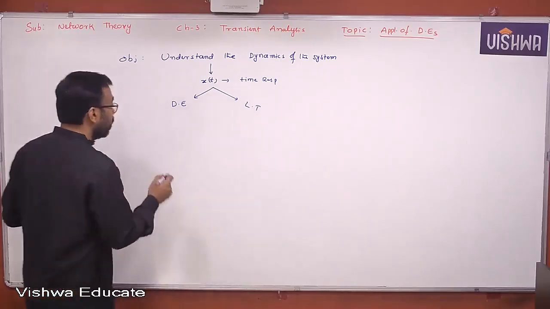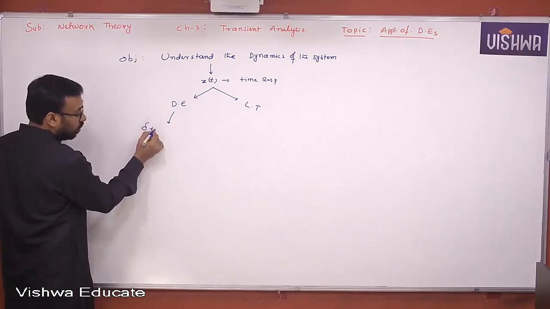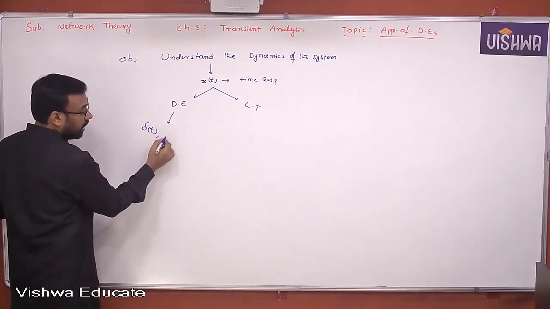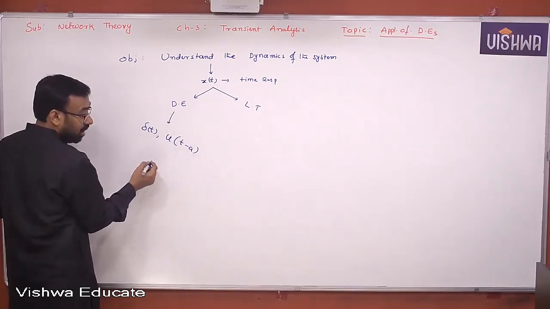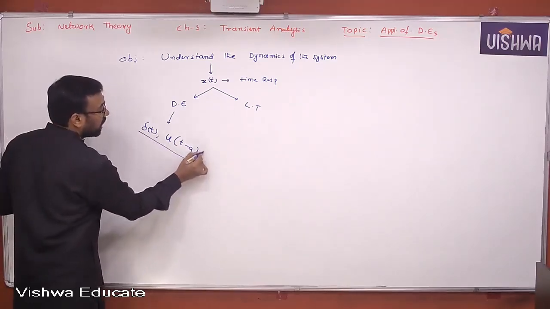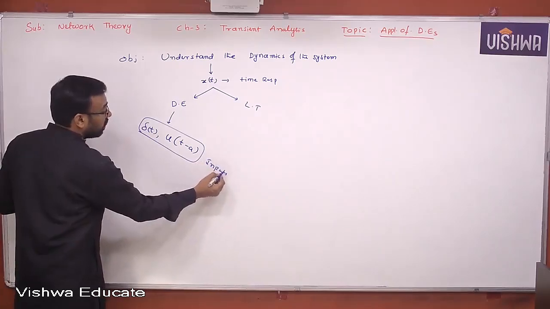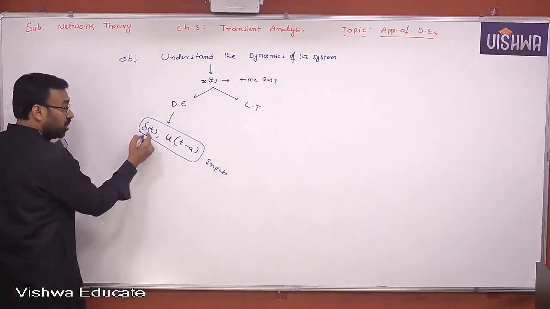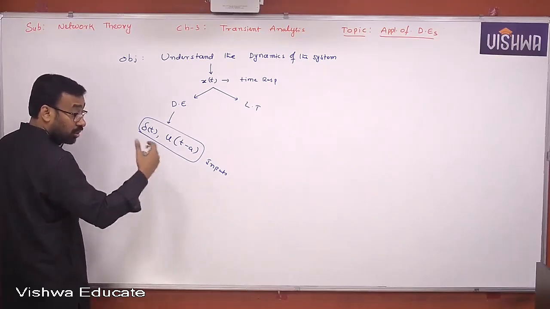In the differential equations, when an impulse input is given to the system, or shifting functions like u of t minus a, the solution using the differential equations will become very, very difficult, or almost impossible.